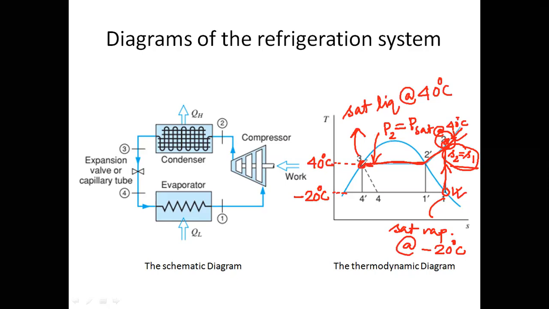Therefore, h3 can be calculated as hf at 40 degrees centigrade, and h4 here is the same as h3 as we have seen earlier for the throttling process. The end state enthalpies are the same. So once h3 is known, h4 can be determined. Now we will see these calculations step by step.